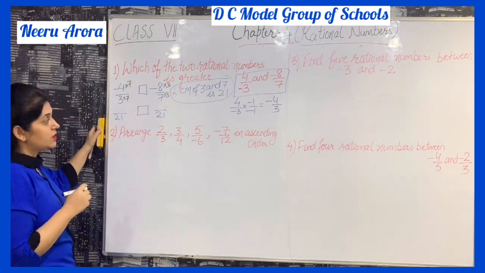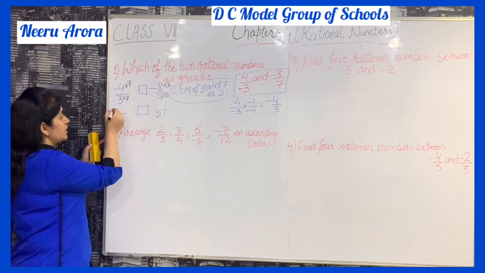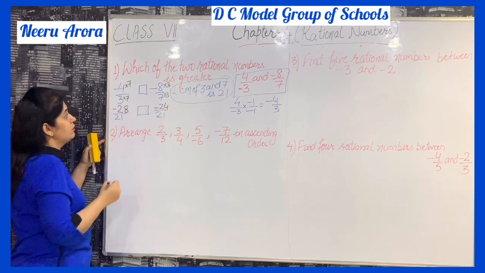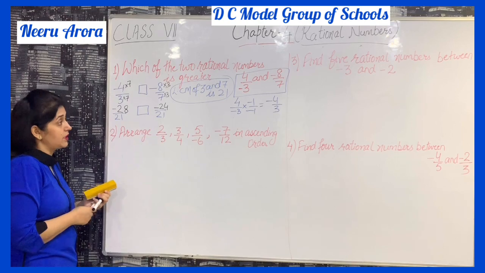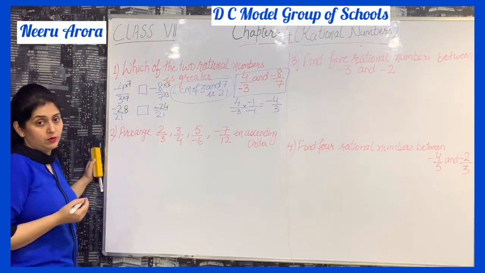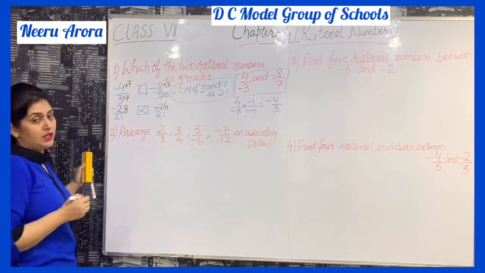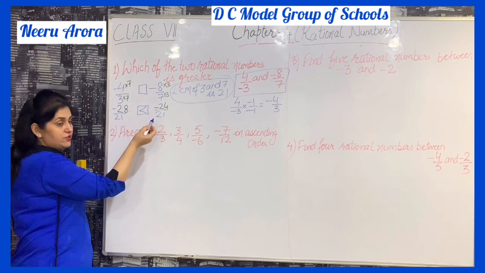So what comes in the denominator? Denominator is 21, we already know. What comes in the numerator? -28 and -24. So now see which rational number is bigger, -28 or -24. Here -24 is bigger. Why? Because both the terms have a negative sign.